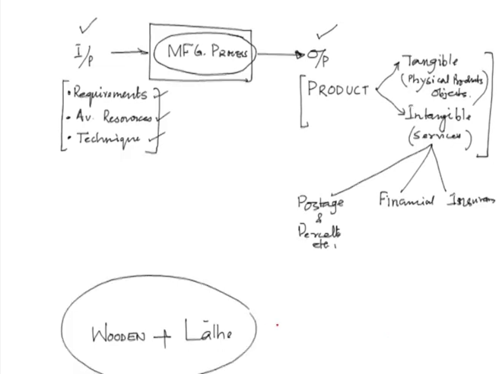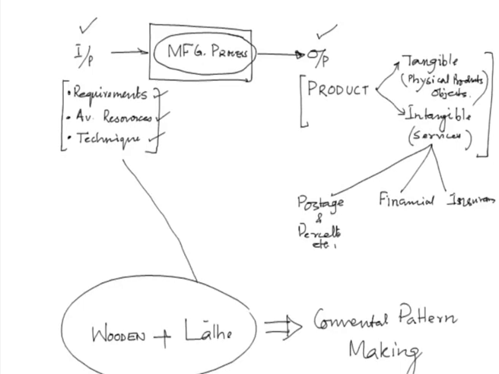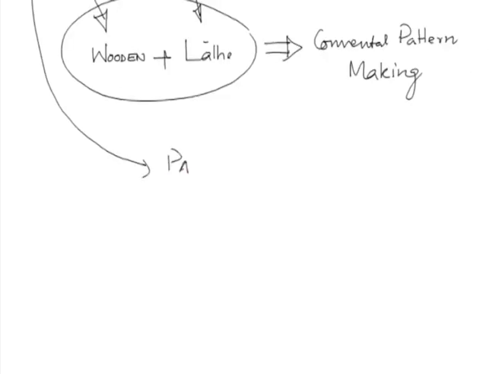Then probably I will go for a conventional pattern making procedure. But this I am taking considering the technique, that is the lathe machine I have with me, then the available resources, that is wood, and my requirement is that I need a pattern.